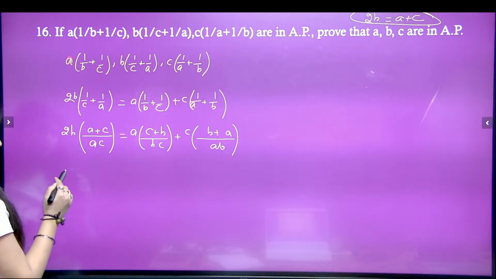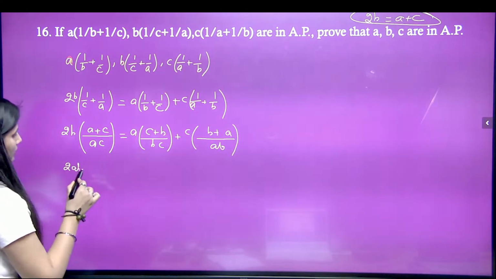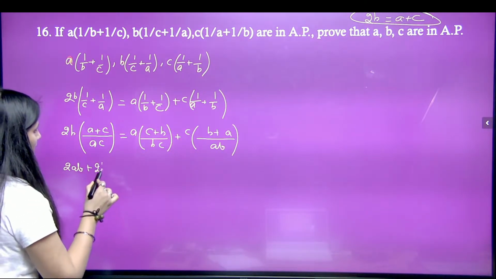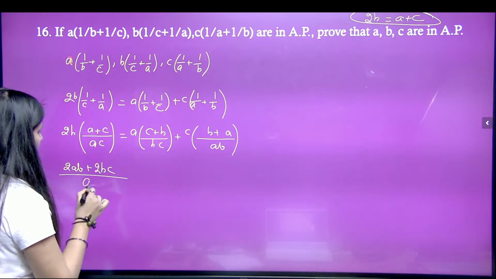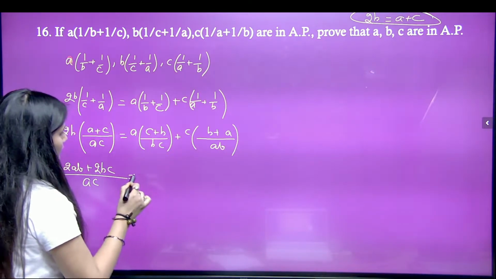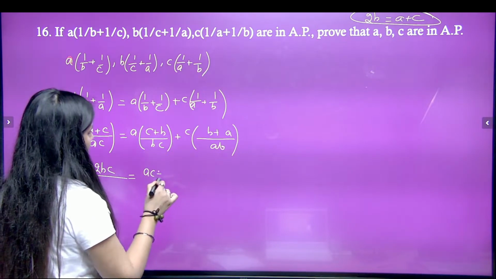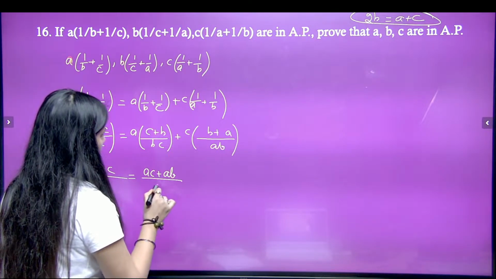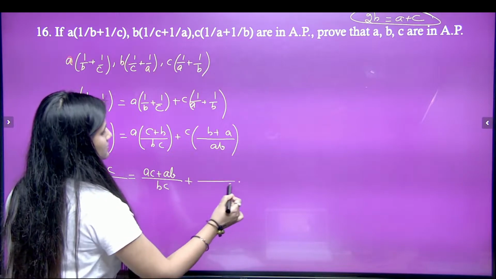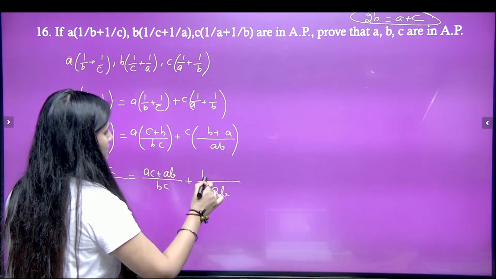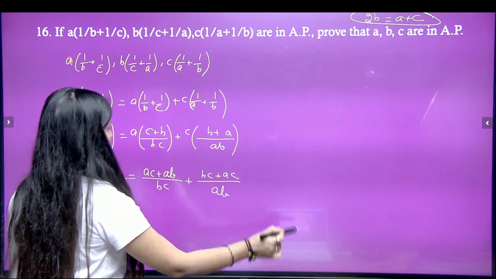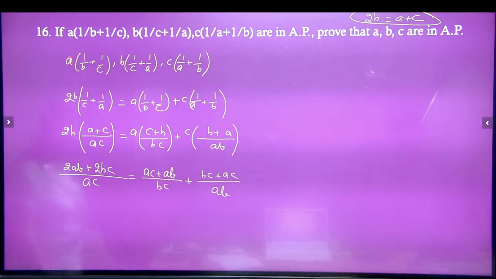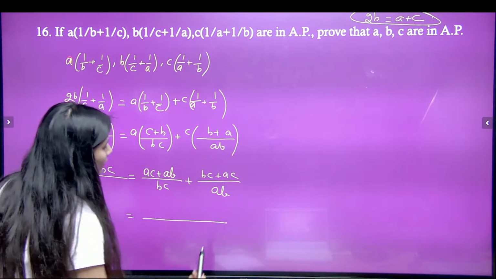So it is 2AB plus 2BC by AC is equal to AC plus AB by BC plus BC plus AC. Now what I am going to do, now I am taking LCM on right hand side.